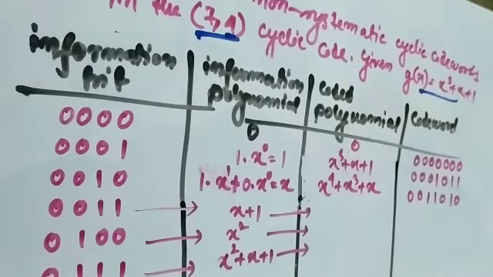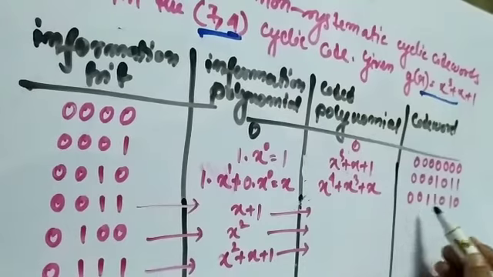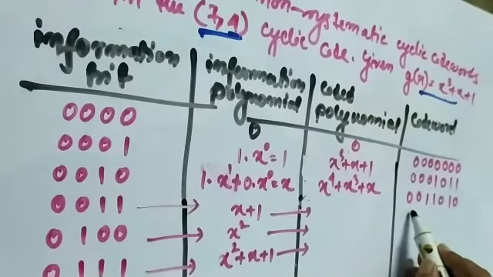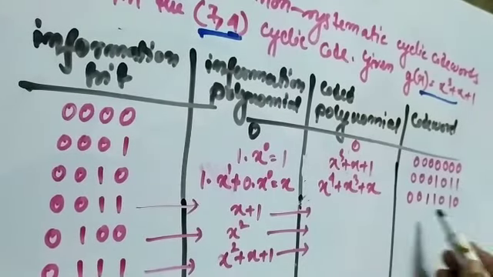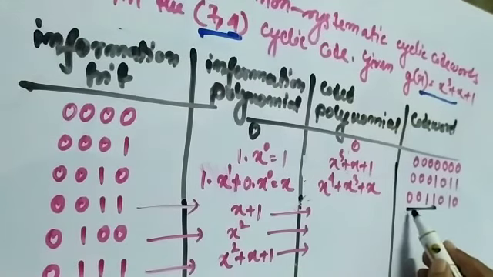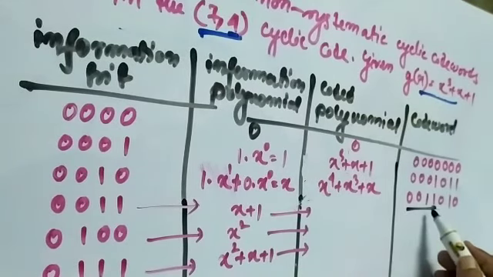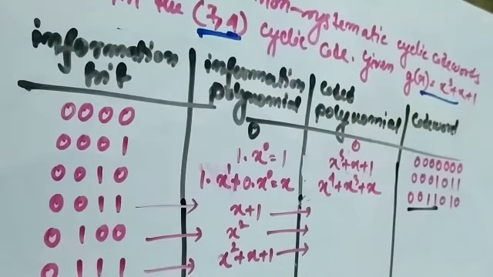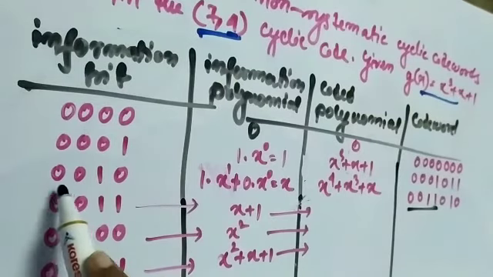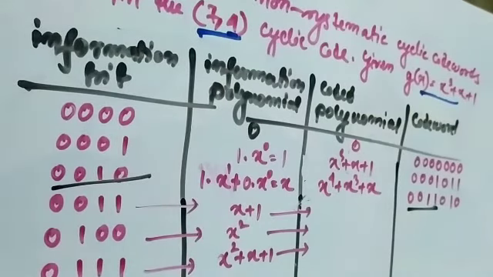Now, why is it non-systematic? Because if it was systematic, then the first 4 bits would always resemble the information bits. See that the first 4 bits, 0011, do not match with this. Therefore, it is non-systematic.